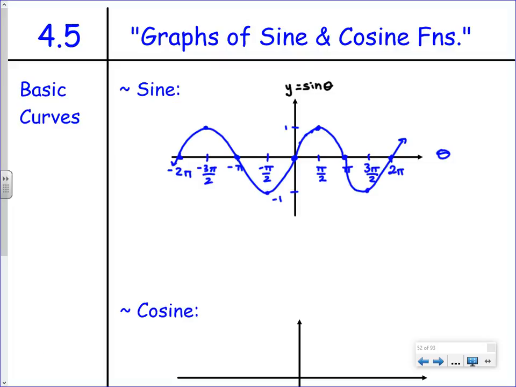We actually also call sine and cosine waves. If you were to drop a pebble in a still, calm body of water, what happens? Ripples. Yeah, there are ripples, there are waves, right? There are ripples or there are waves, and guess mathematically what we could model those waves with?